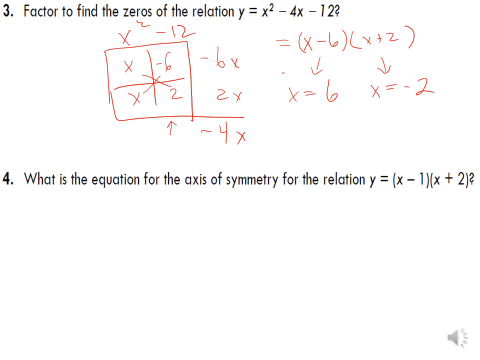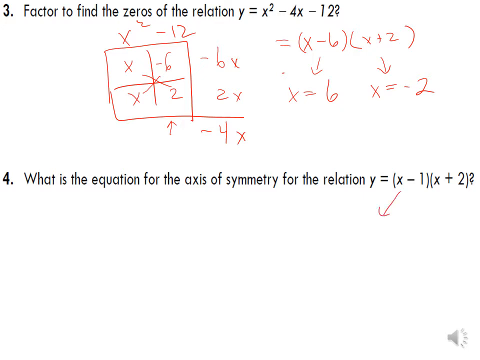Number 4, what is the equation for the axis of symmetry? Now that is written in factored form, so we're not going to use the formula that we used on that summary sheet that we made, because that's only for standard form. But instead, we're going to use our knowledge that the axis of symmetry always happens halfway between your zeros.